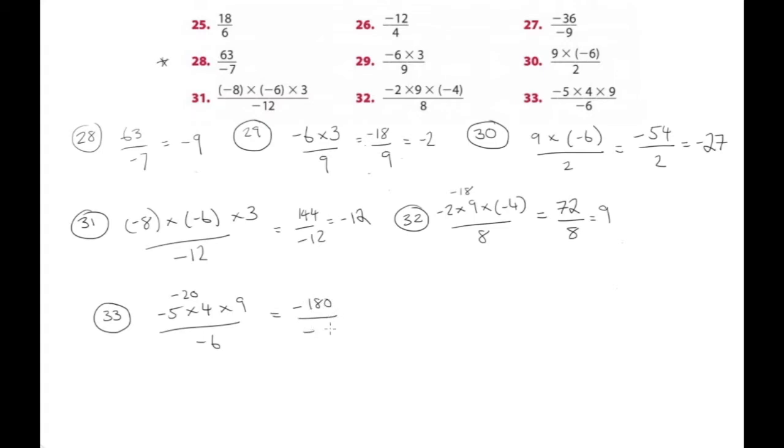And that's divided by minus 6. Minus divided by a minus is going to give us a plus. So that is 30. Okay, so that is the questions 28 to 33.